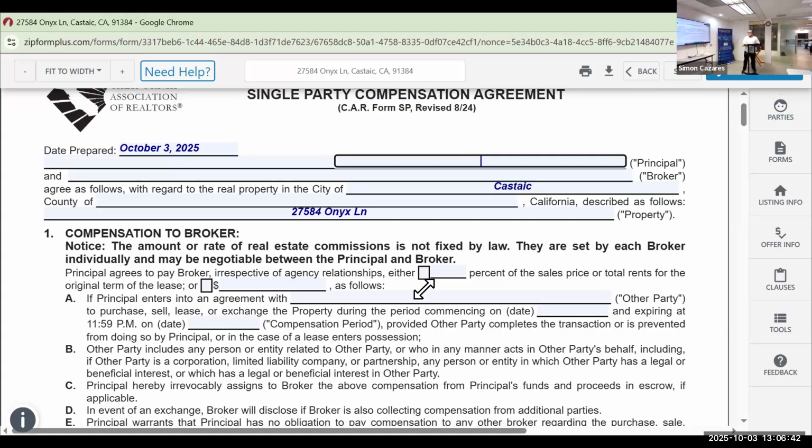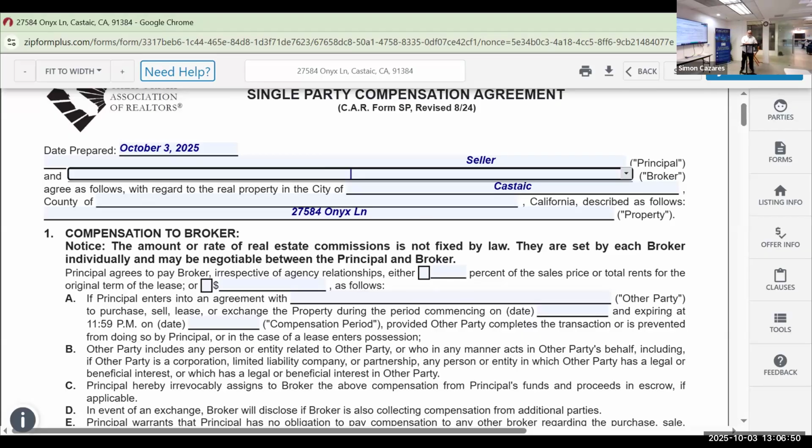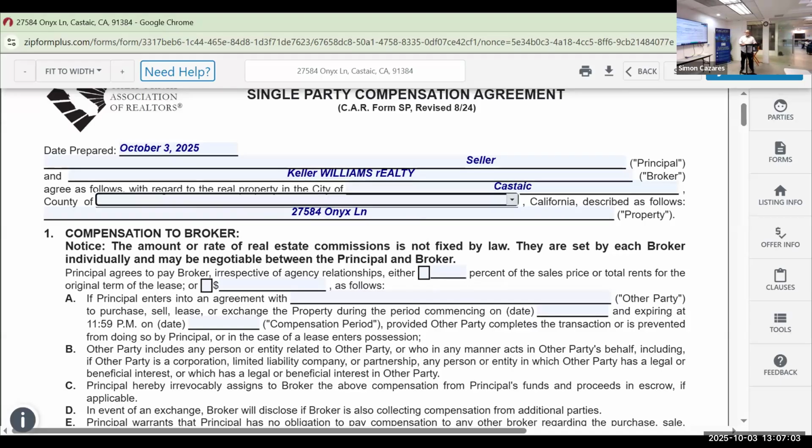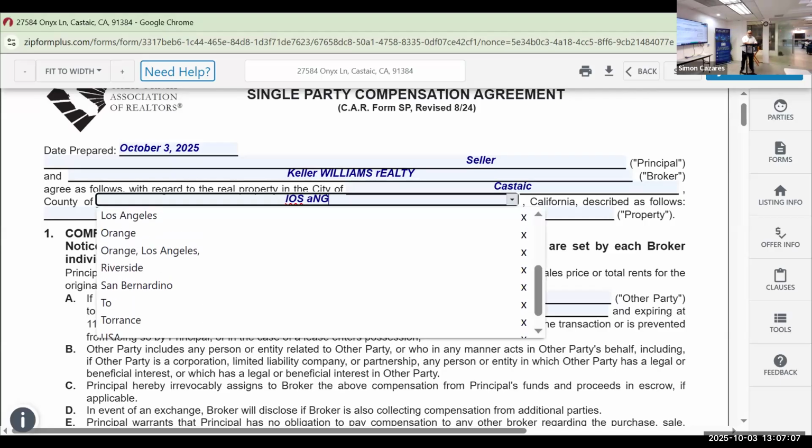So let's go with seller here, right? And Keller Williams here. Okay. And that's in the county of Los Angeles, right?